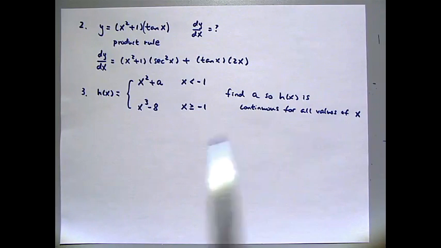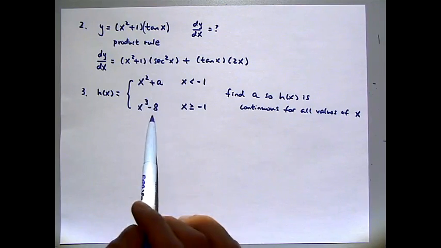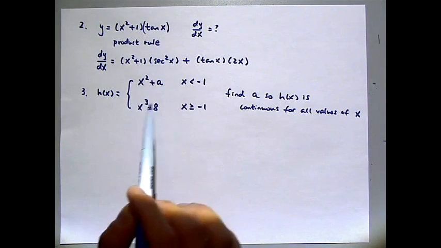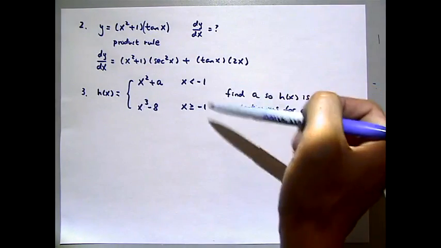Okay, so first you look at this thing here. You got 2 branches of h. Both of these are polynomial functions. They are always continuous wherever they're defined.